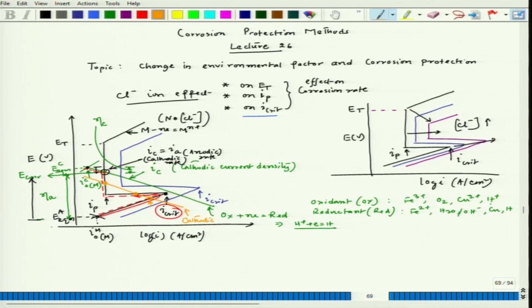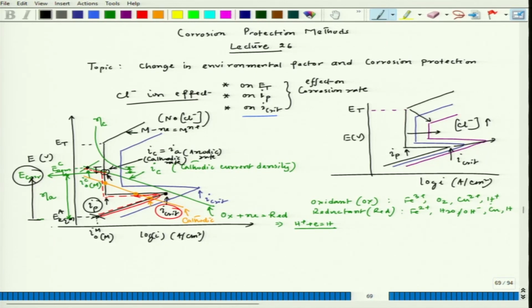So, the system would reach I passive, because for the point corresponding to this, I have E corr as well as the corrosion current density corresponding to IP, which is the passive current density, which is very low, and the system will achieve passivity.